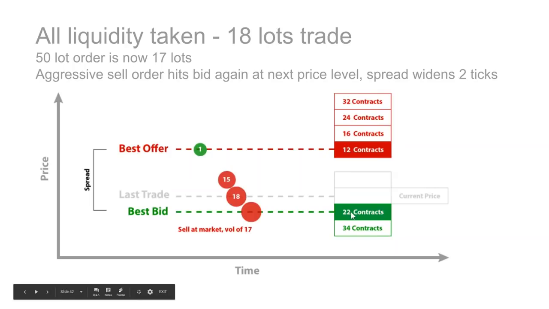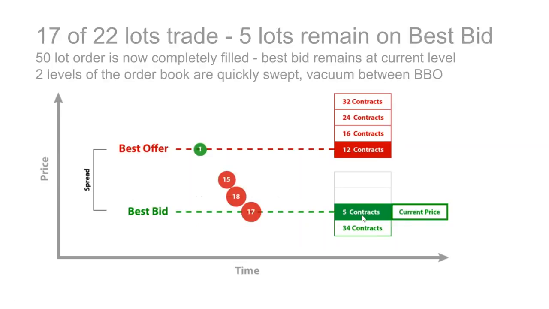It's still hitting the bid here, but we have 22 contracts here. It takes 17 of them, but there's still five remaining. And that is our sweep of the book. This 50 lot now is filled, and you can see we swept down a few ticks into lower levels.